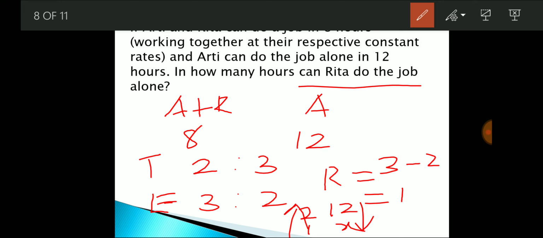Or if the person is doubly efficient, he or she will take only half the time. Here the person is only half as efficient as the other person, which means she will take double the time. So the number of hours is going to be 24 hours here.